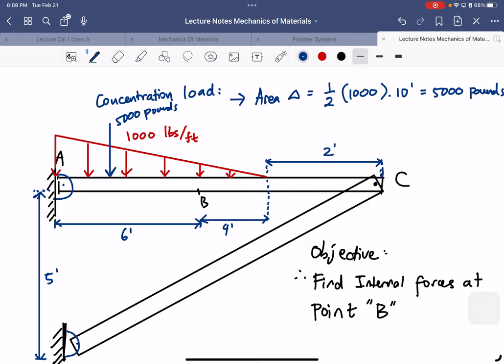So 10 divided by 3, 10/3, maybe over here. Okay? You get it? And if the distributed load is a rectangle, then it is just half. With a triangle, 1/3.